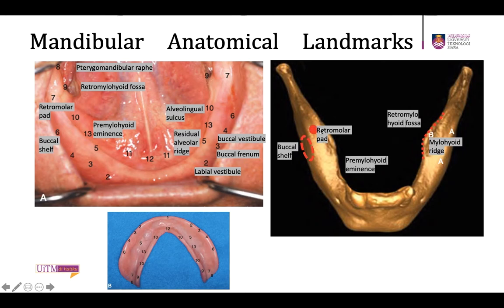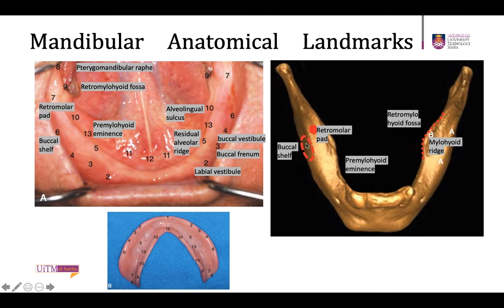So if I superimpose this mandibular bone onto your intraoral clinical photo, your condyle is way up here, and if you trace the mandible anteriorly, you will find the retromolar pad, and this is the buccal shelf area.